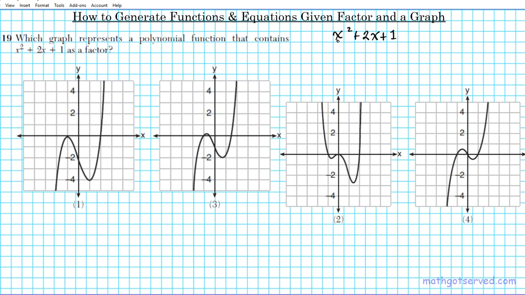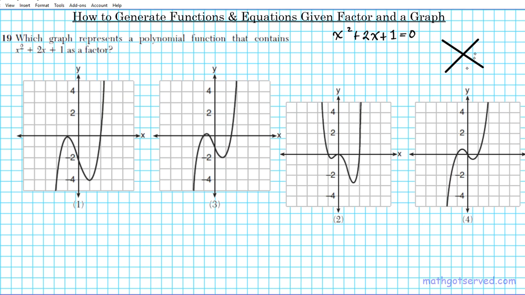Okay, so what we're just going to do is basically set this to 0. We're going to find the zeros of this quadratic equation, and it will tell us what the roots of the actual graph will look like. Okay, all right, so to do this, we're going to factor this real quick. So let's solve this. And we factor this, we will have, what will we have?